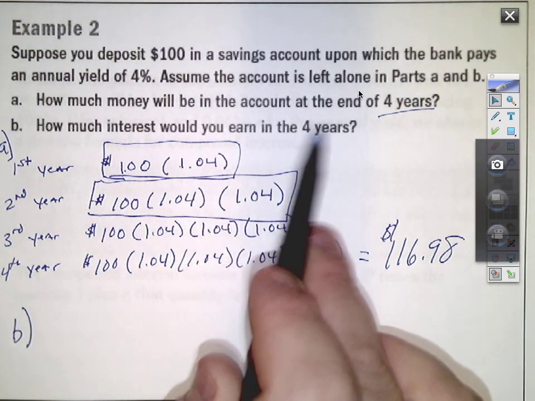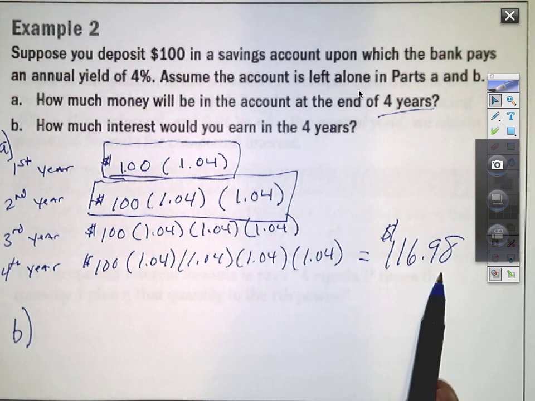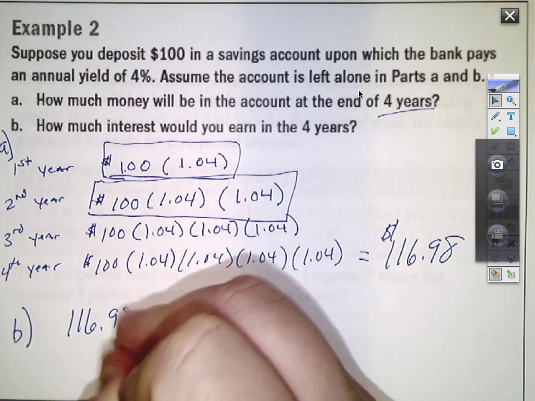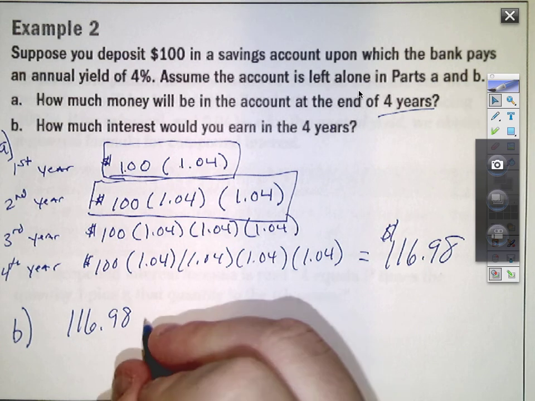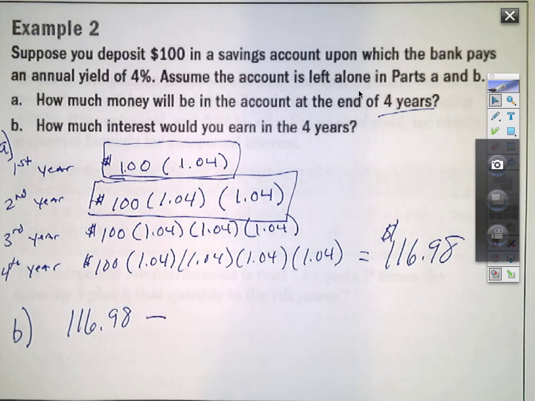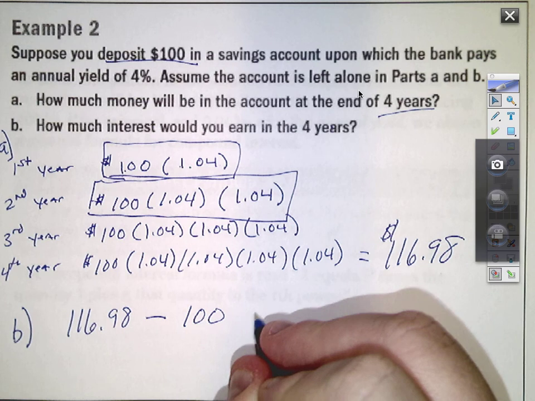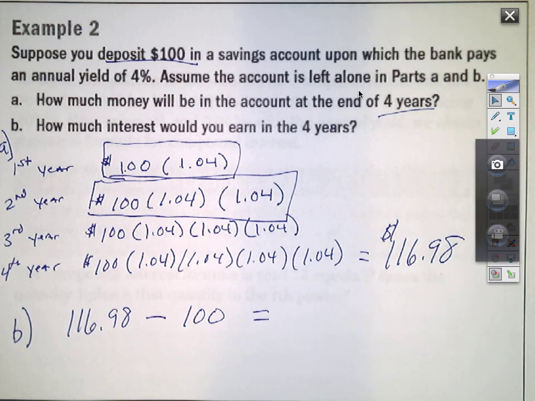B says, how much interest would you earn in 4 years? Well, if after 4 years I have $116.98, I need to subtract how much I started with. How much did I start with? Well, my principal was $100.